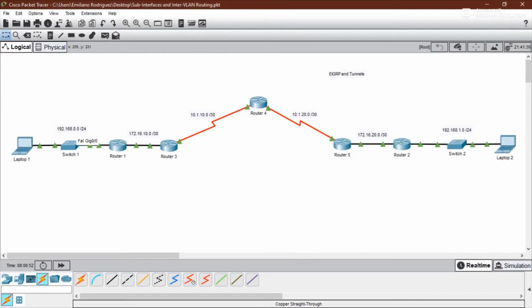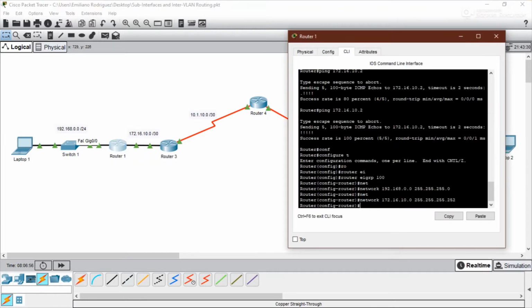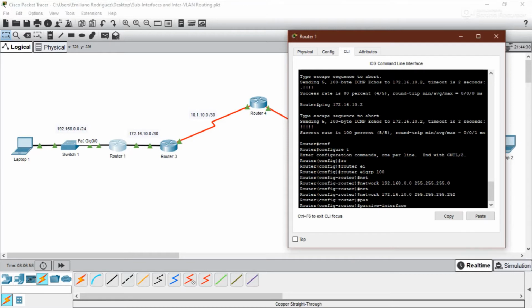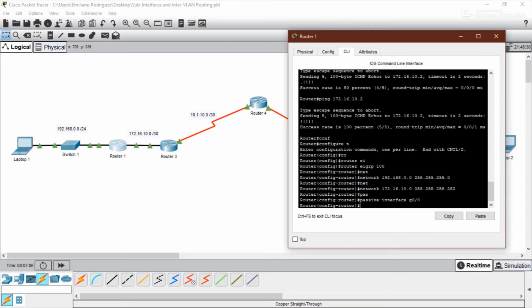Gig 0/0 is the interface going to the backside for router 1. We will make gig 0/0 a passive interface in EIGRP. This means that router 1 will not send any EIGRP packets out of gig 0/0 to update any routers out of that interface.